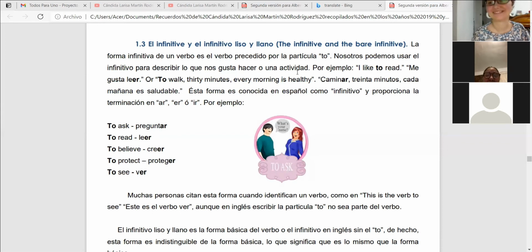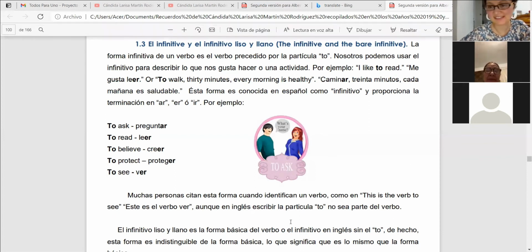Preguntar. Very good. To read. Leer. Very good. Last one. To see. Ver. All right. So it's very easy. It's just the verb with the particle to before it.